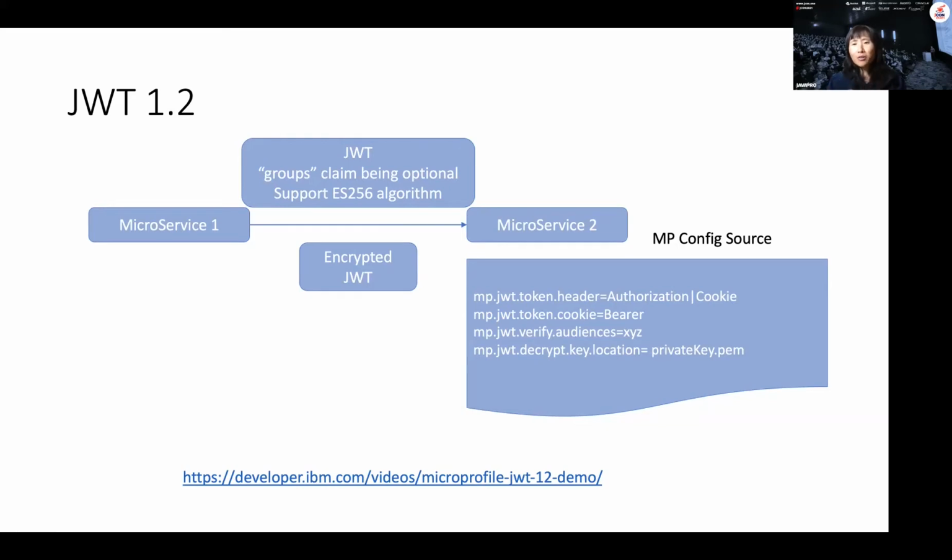Now you can configure the token to go through a cookie: you specify mp.jwt token header as cookie, and the backend will look for the JSON token in the cookie. If you use ES256, you have to provide a specified public or private key to be able to decrypt this encrypted JSON web token.